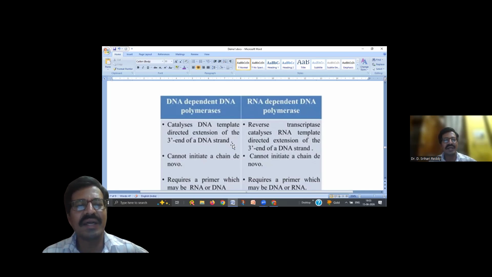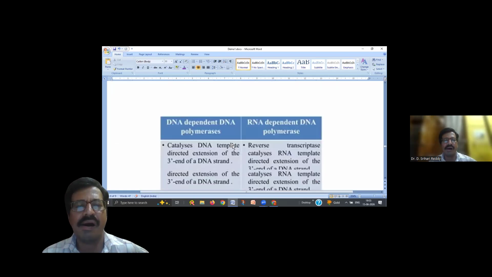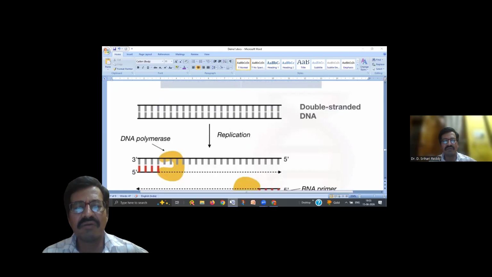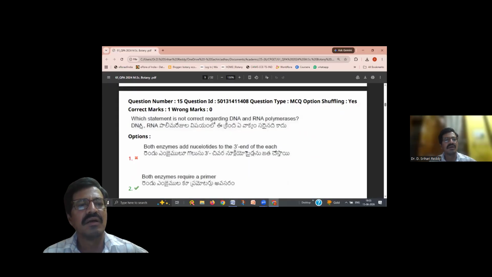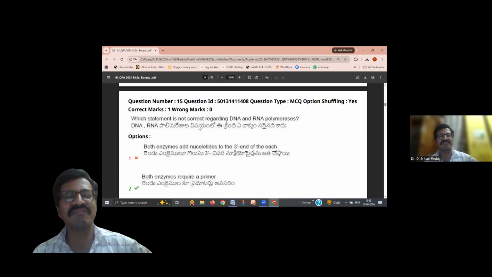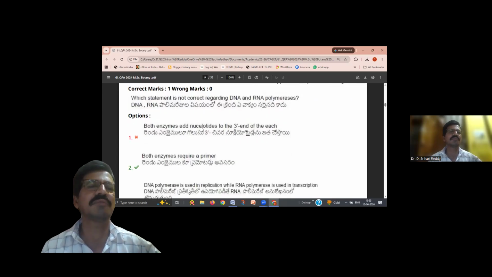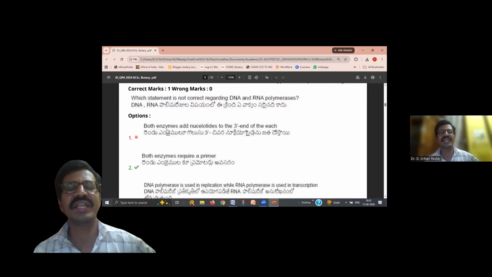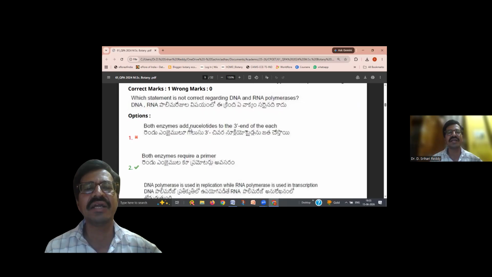Okay, so here, you see the options. Which statement is not correct regarding DNA and RNA polymerases? Not correct. You should be very clear about this question. What they are asking is, out of the 4 options, which is not correct? Now we see the options. Both enzymes, that means DNA polymerase and RNA polymerase, add nucleotides to the 3' end.